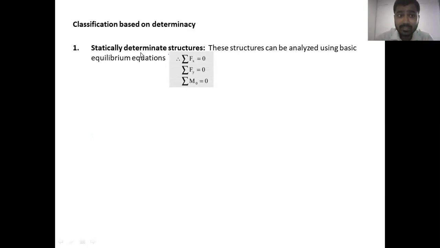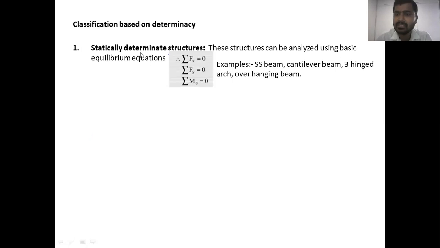If using these three equilibrium equations you are able to solve for the unknowns, then that type of structure is known as a statically determinate structure. Examples of statically determinate structures are the simply supported beam, the cantilever beam, three hinge arches, and the overhanging beam.